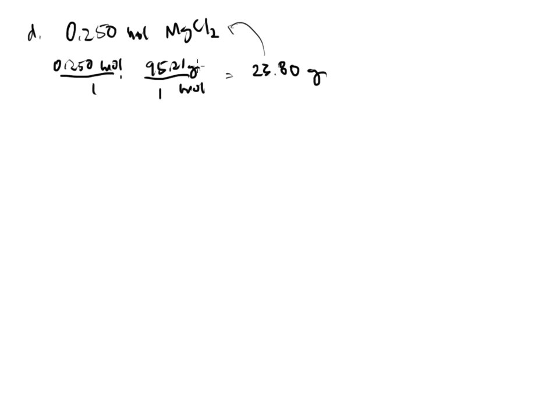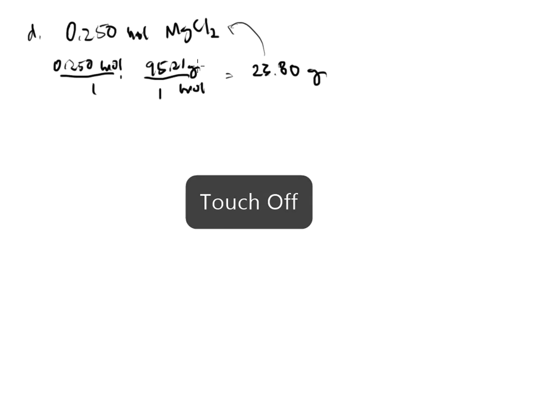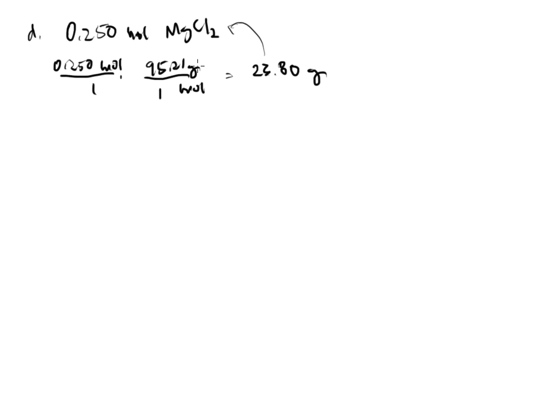Okay? All right. Well, I'm going to keep going, and I might do 1 or 2 more examples, and we're going to look at E. And this one is going to be 3.50 moles of calcium carbonate.